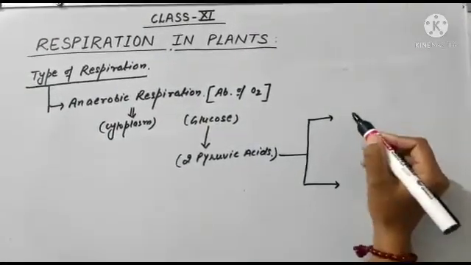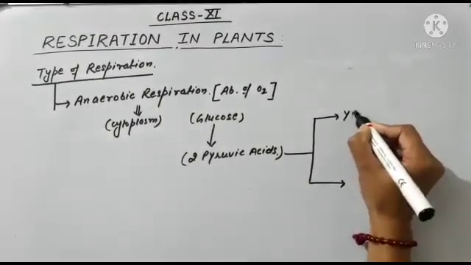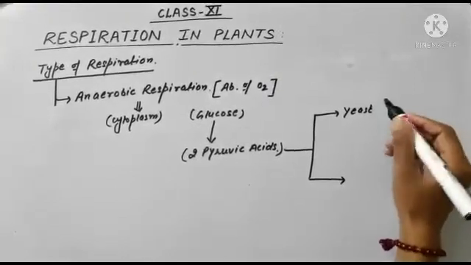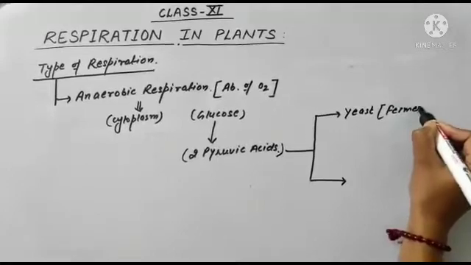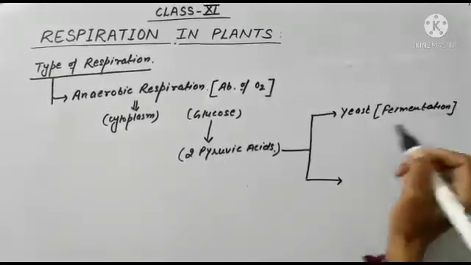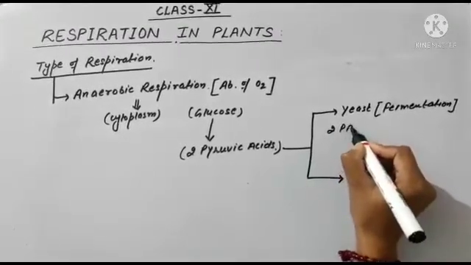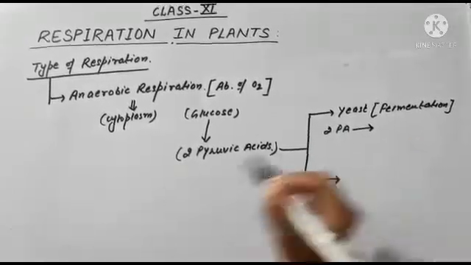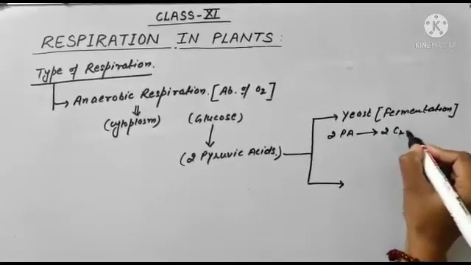The first case is when these reactions occur in yeast, which is generally called fermentation. These 2 pyruvic acids will split in the absence of oxygen and make 2 molecules of ethyl alcohol.